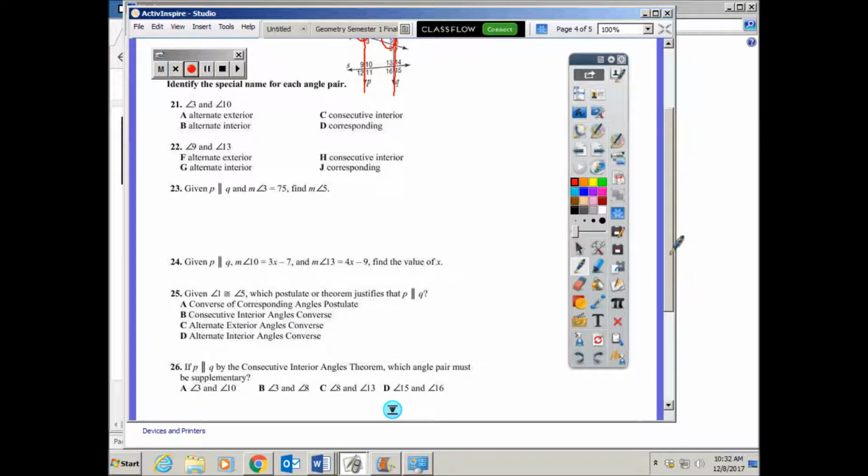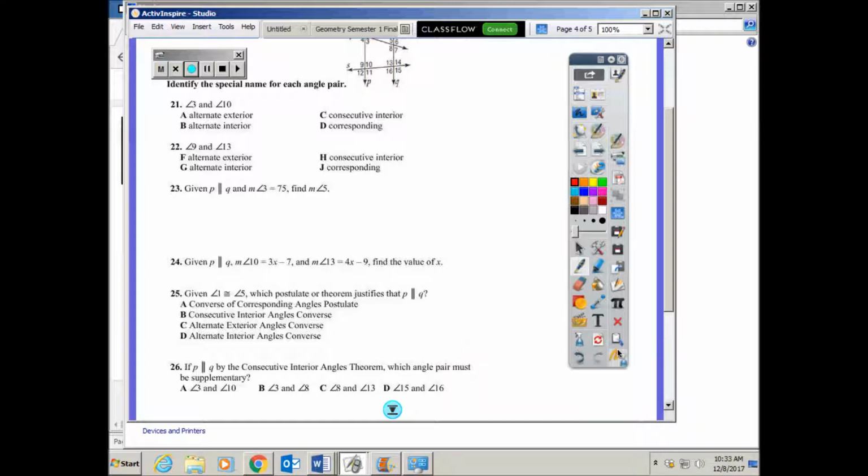So even if the wording having that converse in there threw you, you should be able to pick out corresponding angles. The reason it's the converse is the original theorem says, if these lines are parallel, then blah, blah, blah. The converse says if blah, blah, blah, then the lines are parallel. It's just changing the order.